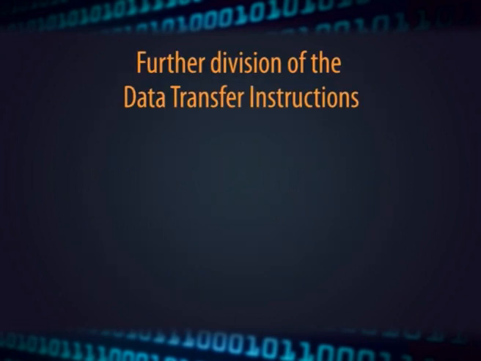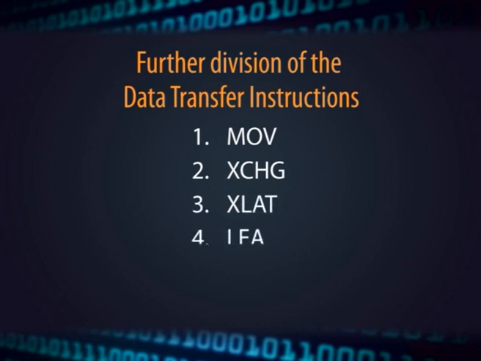This group is further divided into 6 categories: first is move, second is exchange, third is translate, called XLAT in short, fourth is LEA, which is load effective address, fifth is LDS, load data segment, and sixth is LES. The instruction move is used to transfer a byte or word between register to register, or register to accumulator, or register to memory location pair.